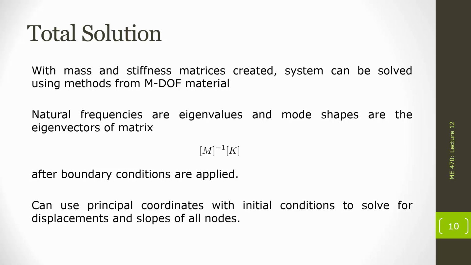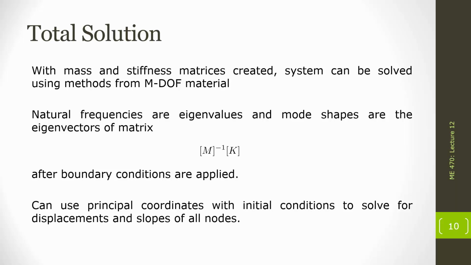But once we have our natural frequencies, once we have our mode shapes, then we can proceed in a similar manner to how we did it for axial problems. We can then, once we show convergence, go and use principal coordinate analysis with our initial conditions to solve for the displacements and the slopes of all of our nodes. So actually, we're going to go a little bit further with what we can do with FEA with the transverse beams than we did analytically.